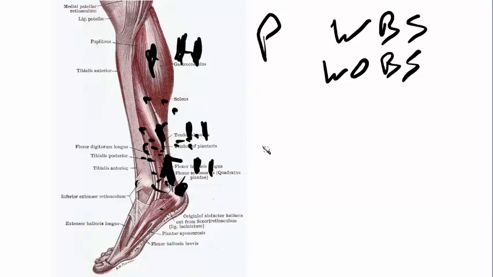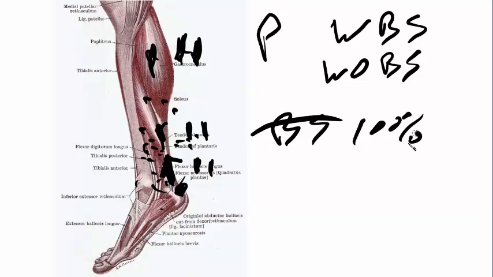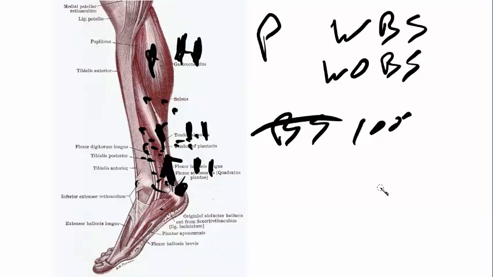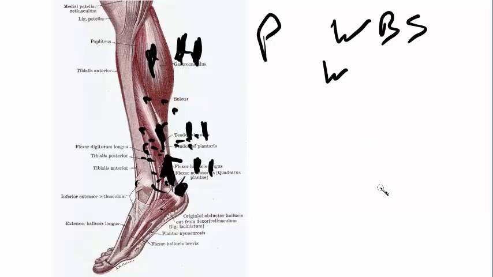Another point is, just because you have a bone spur does not 100% mean that you're going to have pain from that bone spur. So there's two scenarios if you have pain. The first is you have actual pain from the bone spur, and the second is that you don't have pain from the bone spur. Let's talk about that. So again, two scenarios of your pain.